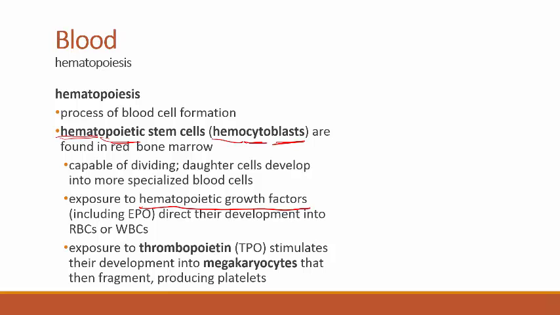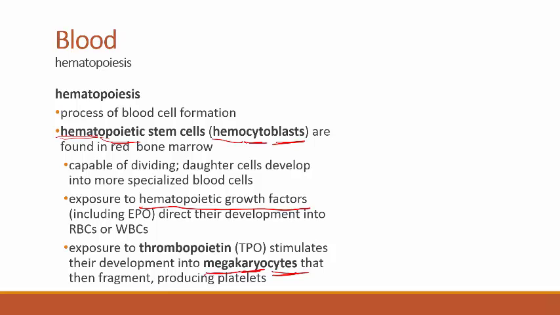So exposure to EPO will cause production of more erythrocytes. Exposure to a hormone called thrombopoietin stimulates the development of the daughter cells into this thing called a megakaryocyte. And I said last night in class that mega means large, karyo is the nucleus. So it's a cell with a large nucleus.